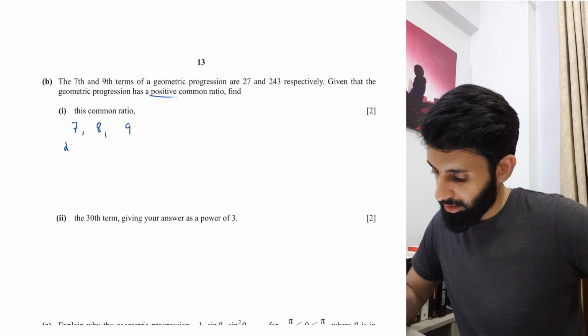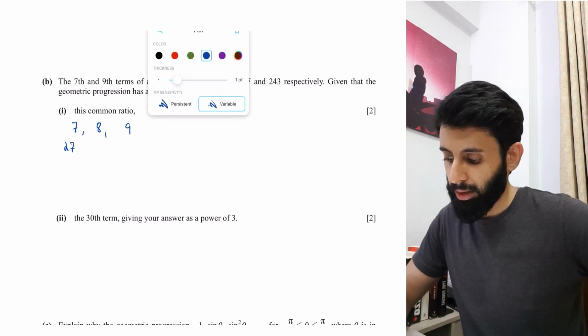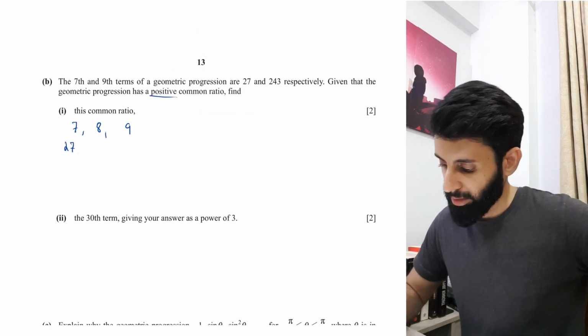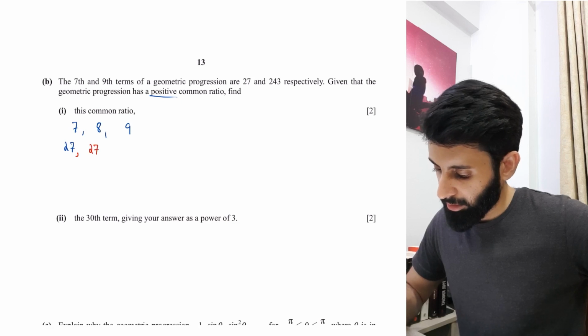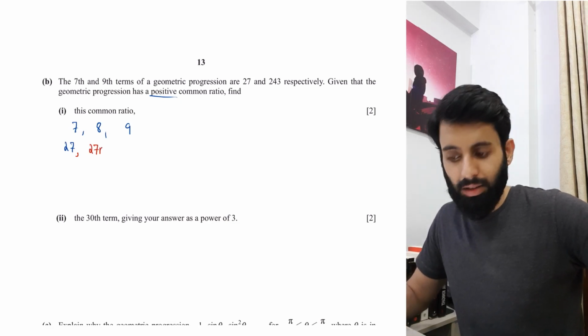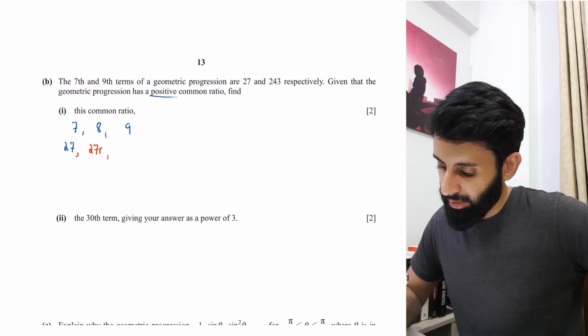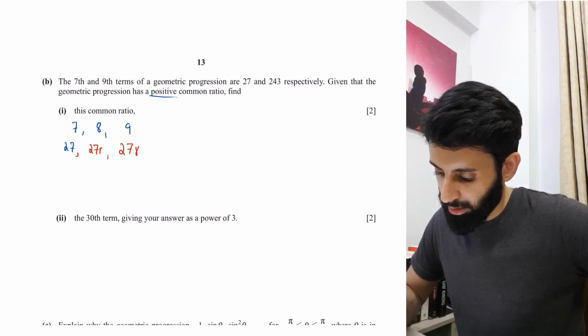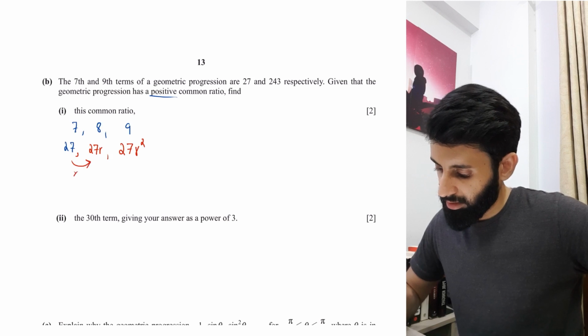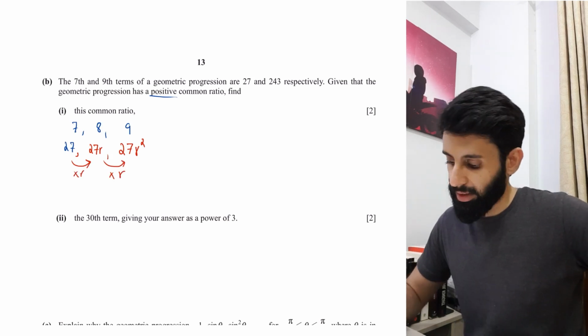Now, if the 7th term is 27, you know very well that in order to get to the next term in a geometric progression, you multiply it by the common ratio. So that means the 8th term is going to be 27r. And then in order to get to the 9th term from the 8th term, you're going to multiply by r again. So times r times r. That means it's going to be equal to 27r squared.